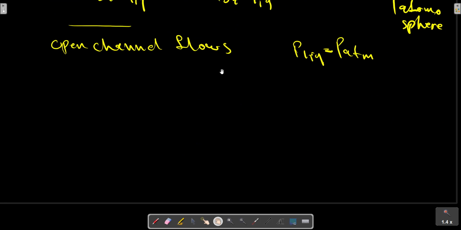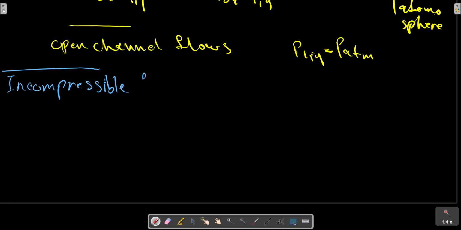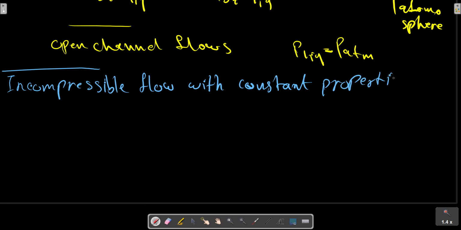One type of flow motion also in fluid mechanics is the incompressible flow with constant properties, with properties such as rho, mu, and K equal to a constant.